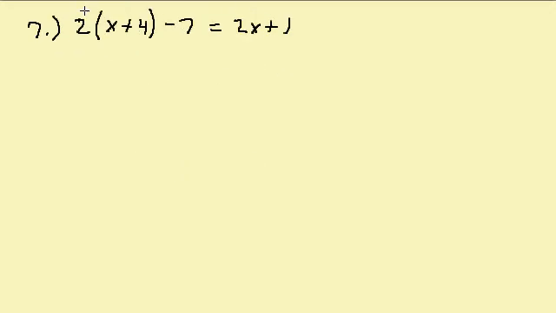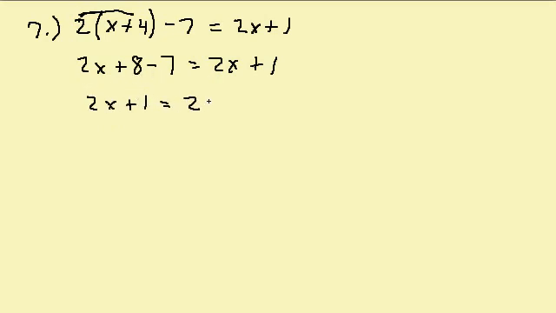Alright, let's look at one more. I'm going to clear the parentheses. So I get 2x plus 8 minus 7 equals 2x plus 1. Combine like terms. 2x plus 1 equals 2x plus 1. Subtract 2x to both sides, and I get 1 equals 1.